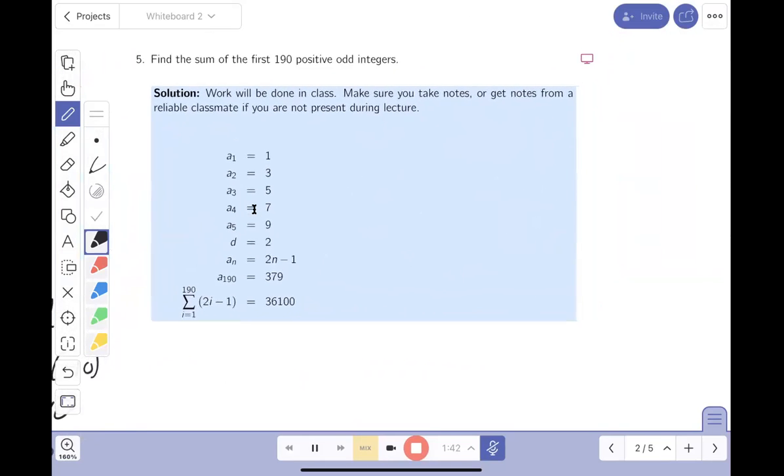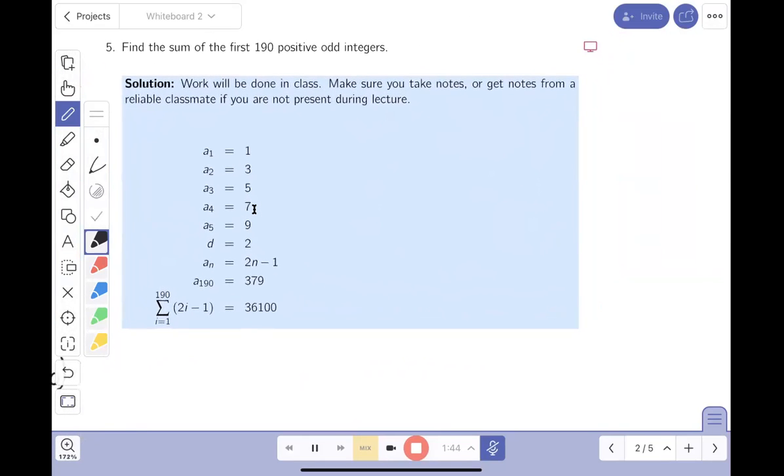Number 5, it gets some folks really confused here, but let's write it down. It says find the sum of the first 190 positive odd integers. What I would recommend is you start writing down the positive odd integers like 1, 3, 5, 7, and 9.